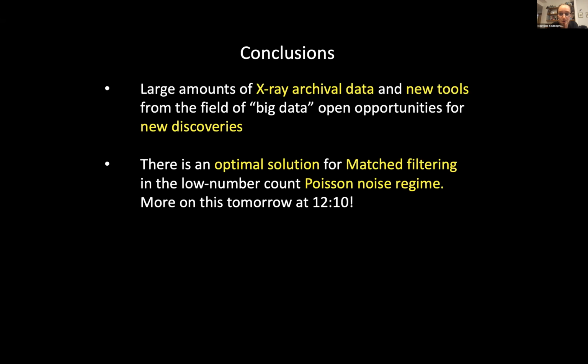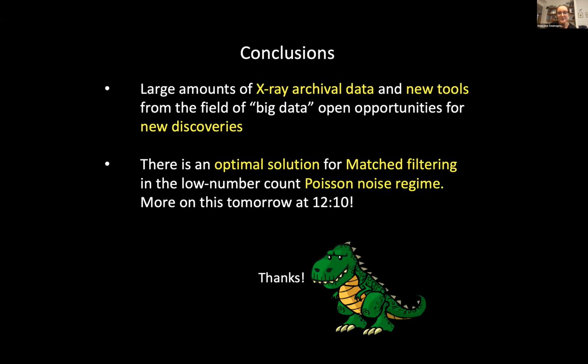And there is now a solution for matched filtering in the low number count Poisson noise regime, which was proven to be optimal and is relatively easy to implement, and which is already showing promising results with the T-REX algorithm, and more on this tomorrow at 12:10. Thank you.